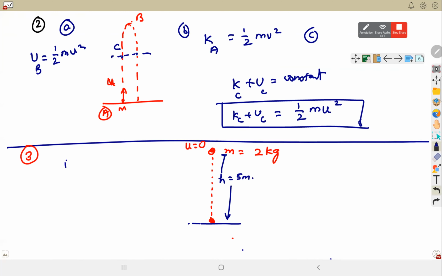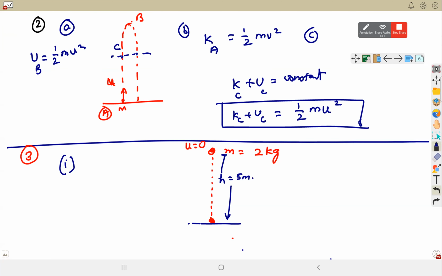Kabir, what will be the answer to the first part? So 100 joules. No, don't just give the answer. I want to check your thought process, the steps, the logic, the concept.